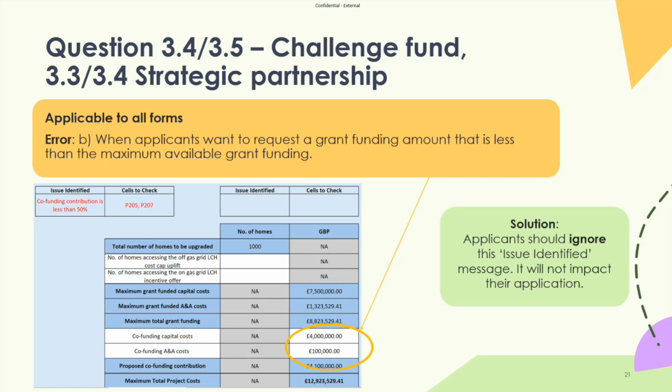In this case, you will ignore that issues identified box, and DESNZ will come back to you at a later time for confirmation of what the grant funding amount is and what the capital amount is. This will be done at a later date after your application. So if you know you want to spend less than the maximum grant funding allowed and you understand this, then put that amount into your application form.